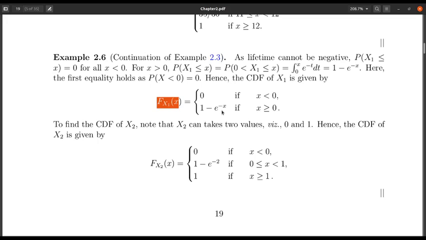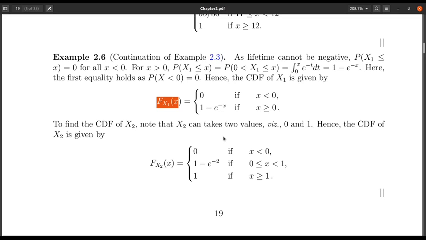Two of the categories we are going to discuss in this course are discrete random variables and continuous random variables.